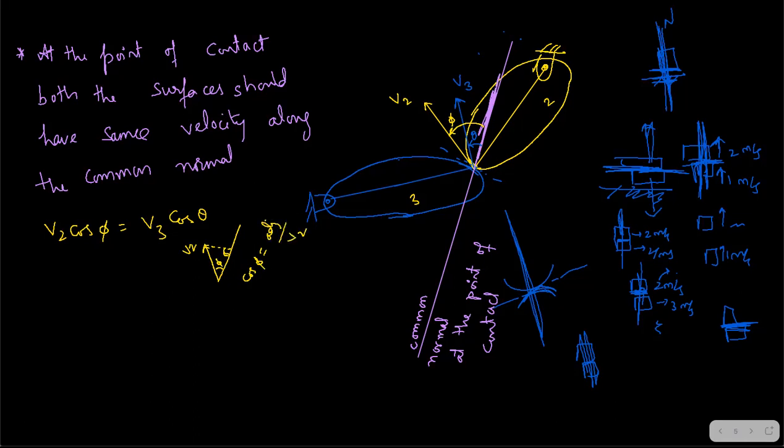Hypotenuse is V2, so the adjacent side, which is the common thing we are checking, is V2 cos phi. This should be equal to V3 cos theta. So V2 cos phi is equal to V3 cos theta; that is the condition we found.